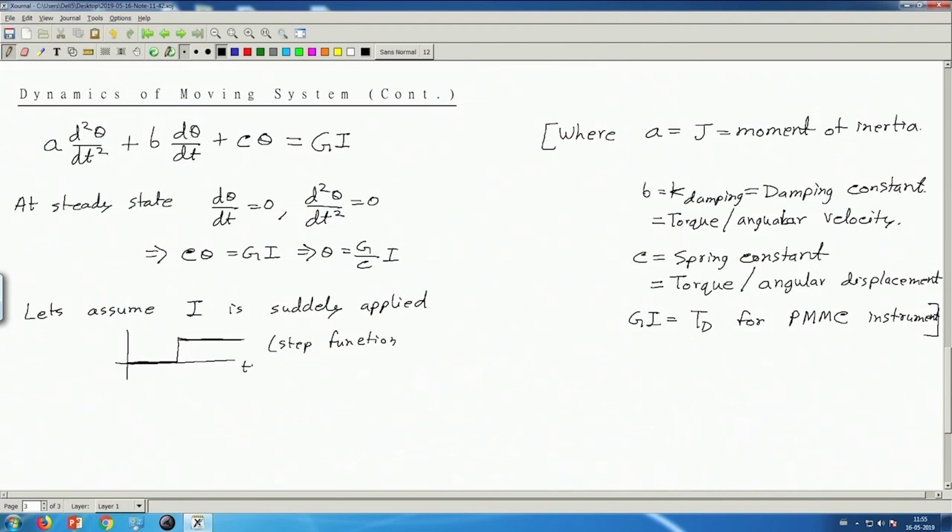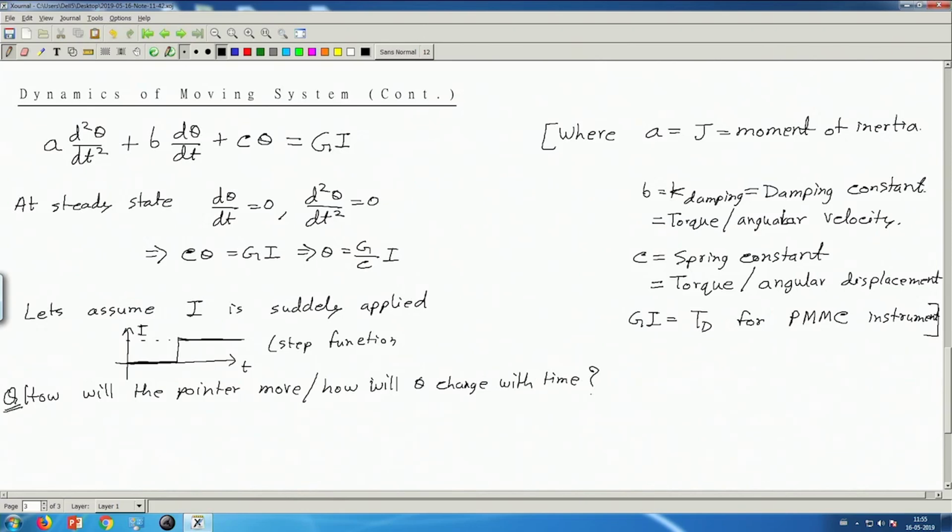So, this is time, this is current I, and this value of I is applied suddenly. Okay. So, then how will the pointer move, or in other words, how will theta change with time? So, this is the question we want to find out.